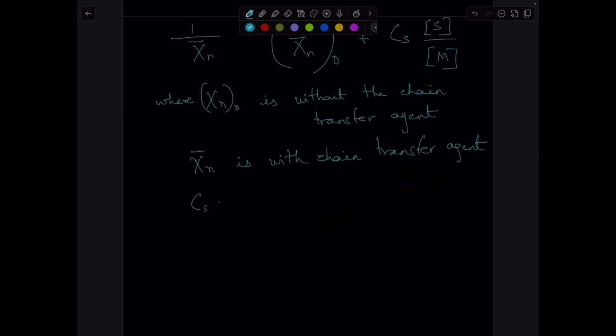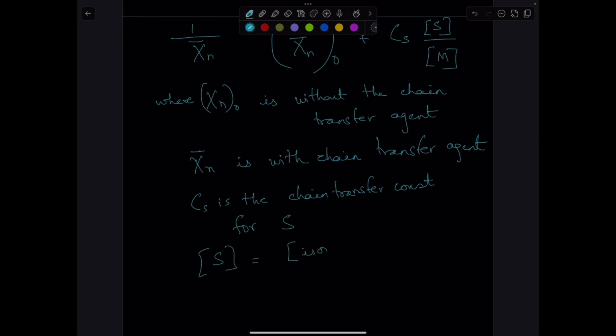And Cs is the chain transfer constant for S, and S is the concentration of isopropylbenzene in this case.